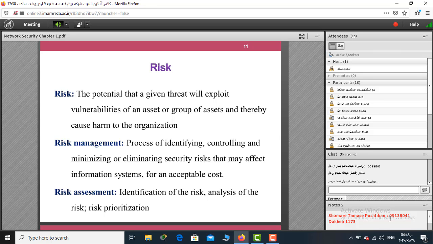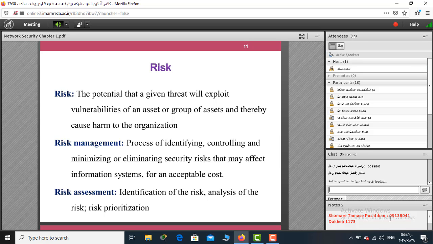I will explain the concept using one or two examples. Please pay attention. Situation 1, case 1. Somebody asks you to loan him $1 million, and he says, I will return your $1 million in a month, for example.